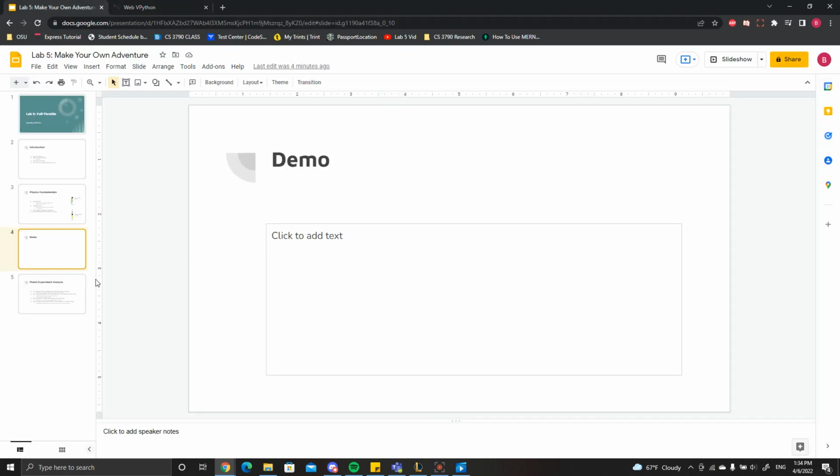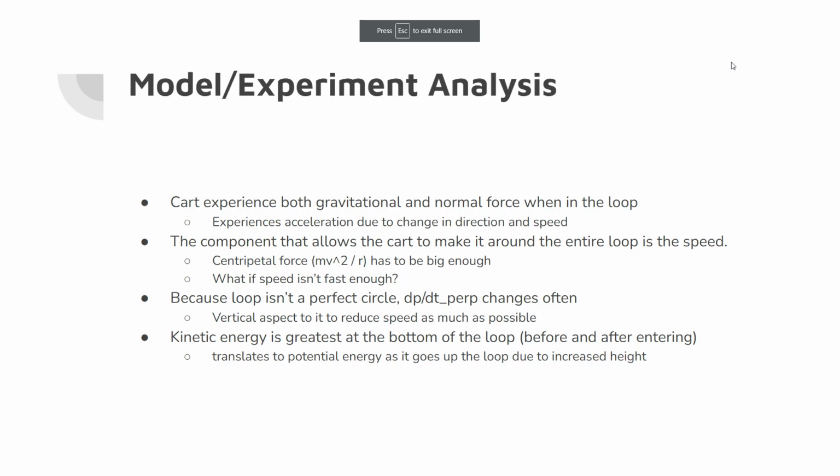So the model and experimental analysis is that the car experiences both gravitational force and the normal force when in the loop. Of course, it experiences acceleration, a change in speed and direction.